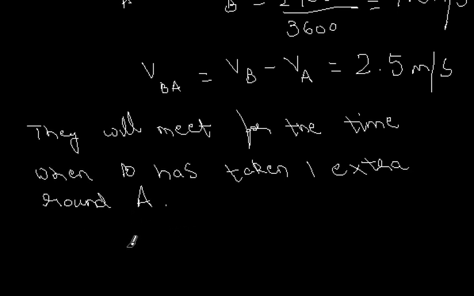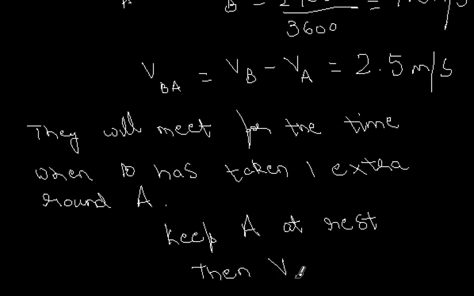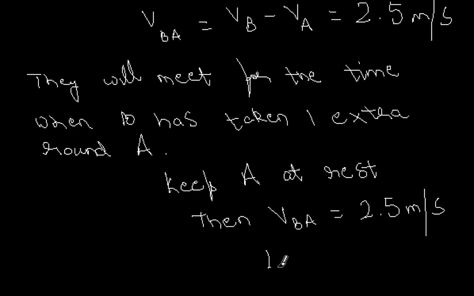What we can do is keep A at rest. Then the speed of B with respect to A would be 2.5 meter per second, which we have already found. And the distance which B has to travel to meet A would be 1200 meters.